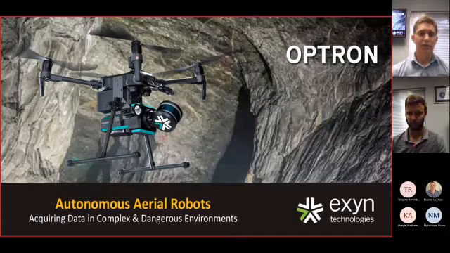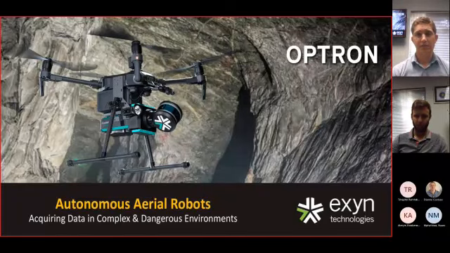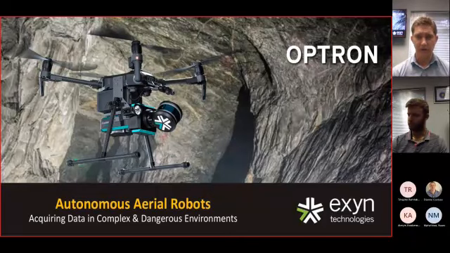So guys, today's session, we will be covering the ExynAero system. It's basically an autonomous aerial robot. The objective for today will basically be an overview of the system. What does it actually do? Why do you use it? And we're going to go into deep detail into the system.